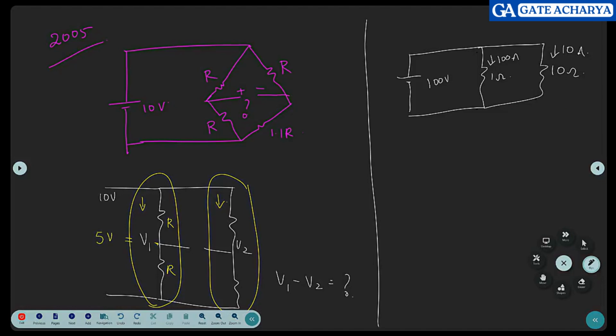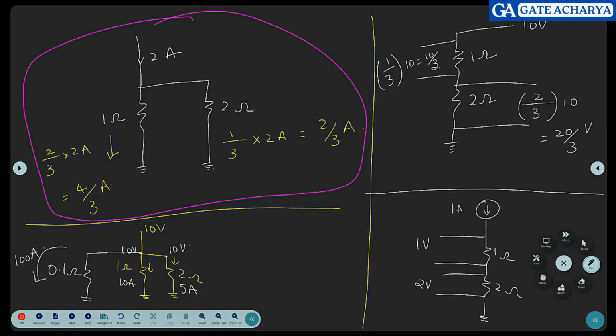If you connect two same resistances, what will be the voltage across this resistance? That's what we are interested in. It will be R divided by the total resistance R plus R, into 10. That is what is 5. See, we did it some time back. What is the voltage across this resistance?